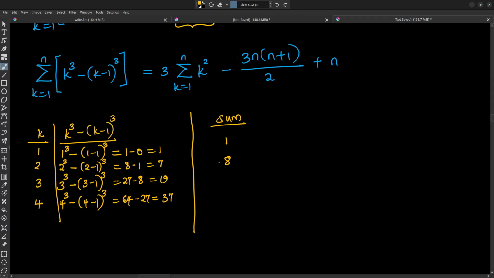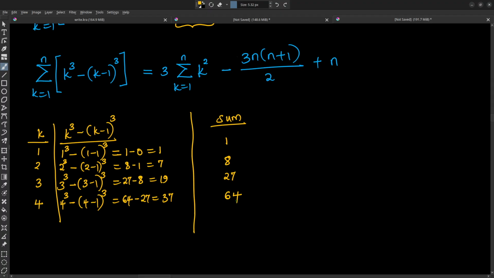So that's the same as just taking the value we had for 2 plus the value for 3 here, and that is going to give us 27. When n is 4, it's the same as summing the values when k is 1, 2, 3, and 4. So it's the same as taking the value for when k was 3, plus the value for when k is 4, and that's 27 plus 37, which is going to be 64.